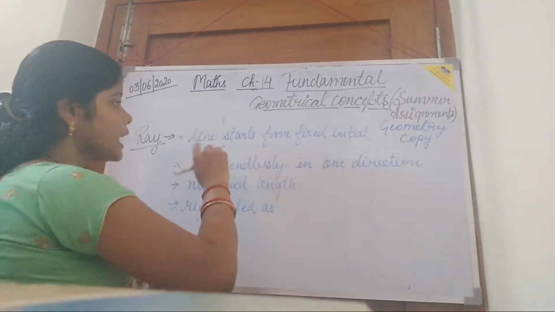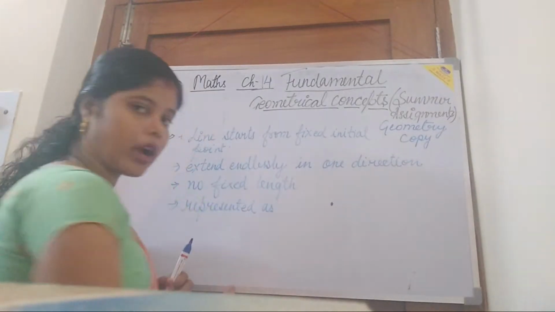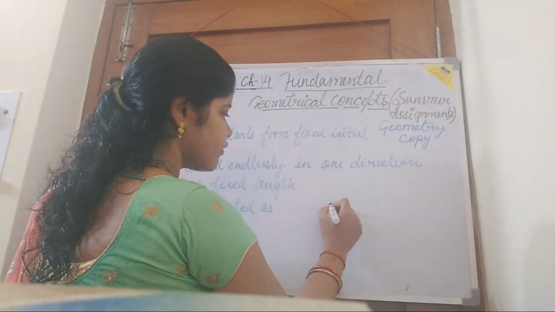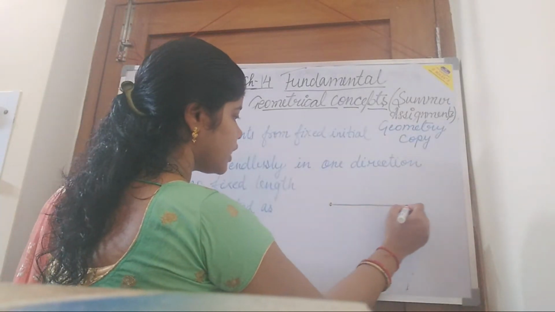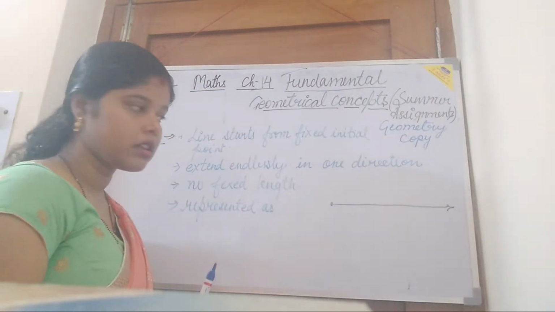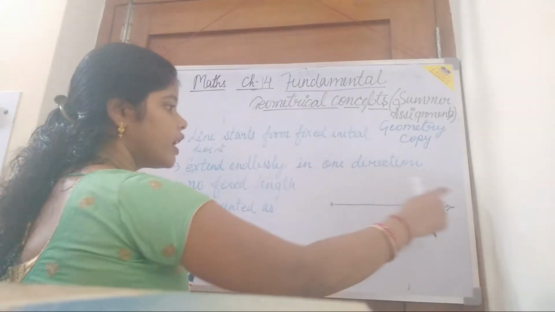So here the line starts from a fixed initial point. It means first you place a point and then draw a line. If the initial point is fixed, you put an arrow on the line, which means it is endless. So we extend it endlessly in one direction.